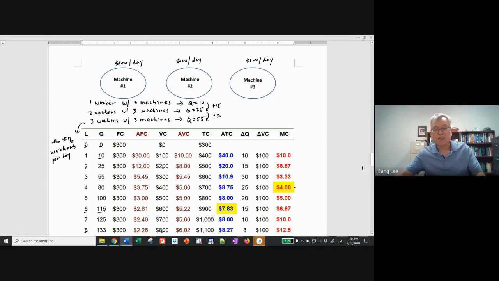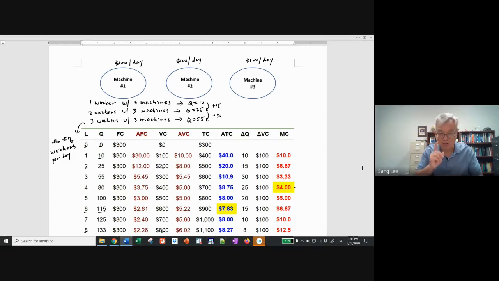Look, now when you have 3 workers, even when 1 worker is taking a break, the 2 other workers are still producing output. Even when 2 workers are taking a break, 1 worker can still produce output. So the 3 machines are probably best utilized when they are combined with the 3 workers.